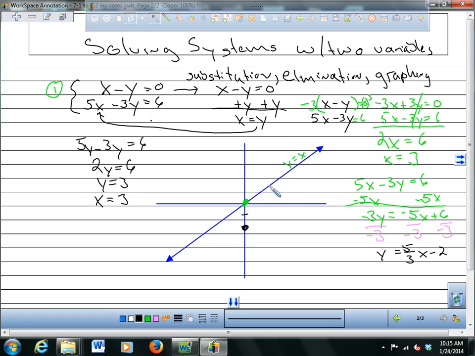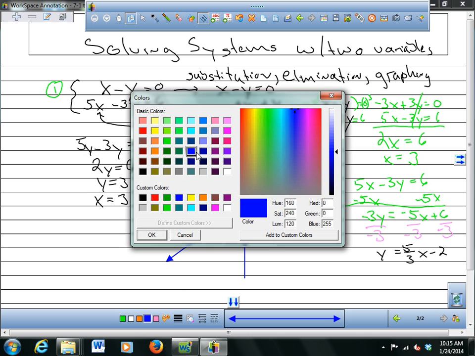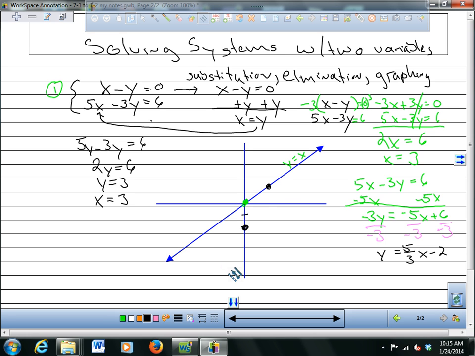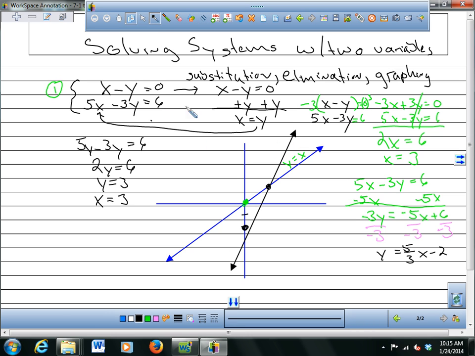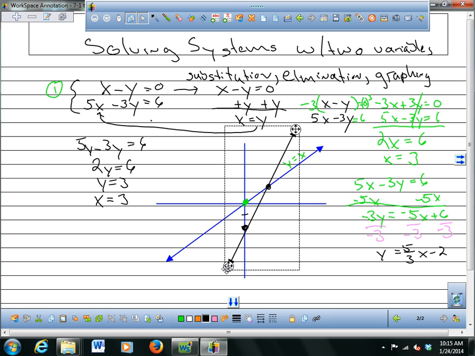Okay, and so if I were to graph this line, let's just pretend that this is it. Let's make it flat. And if I go through those points, I could move it.